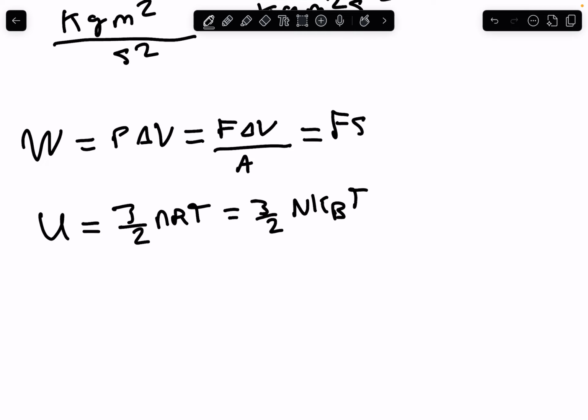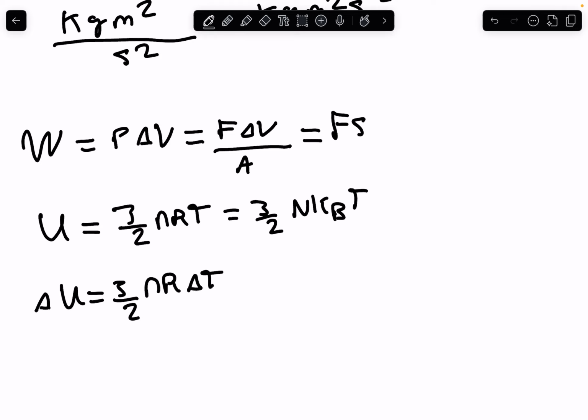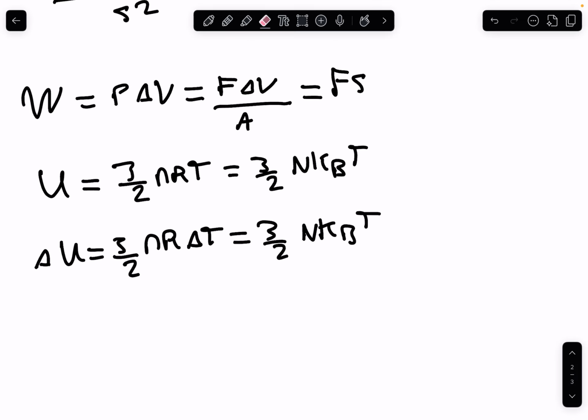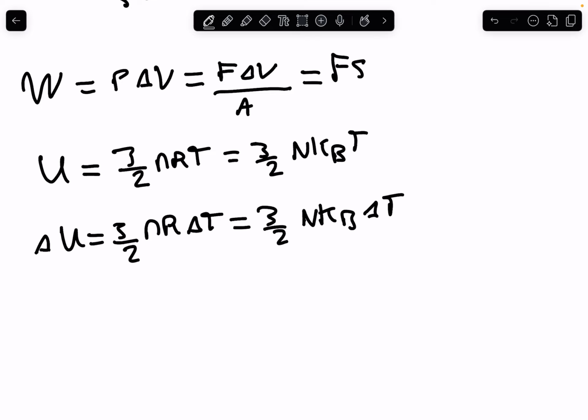So what's the difference? Well, for the change in internal energy, since we know that n and R, or n and k_B, are constants, they will never change. The only thing that can change is the temperature of the gas. So it's just going to be written like this, delta T, which is also equal to 3 over 2 n k_B T. This means that if there's no change in temperature, then there's no change in internal energy of the gas.